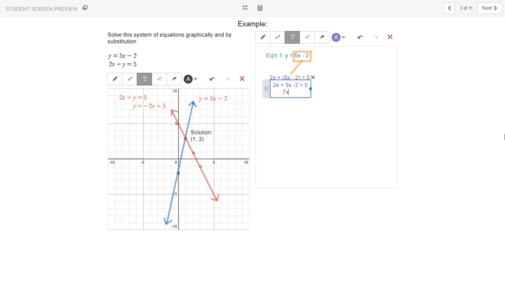I have 7x is equal to 5 plus 2. So continuing on, 7x is equal to positive 7, and so x is equal to positive 1. We're going to substitute x is equal to 1 back into an original equation now.